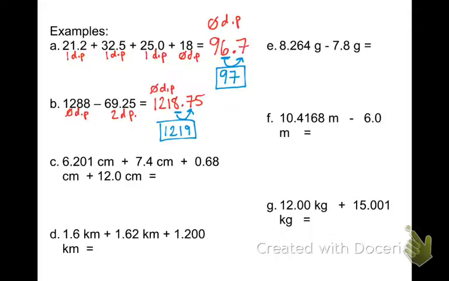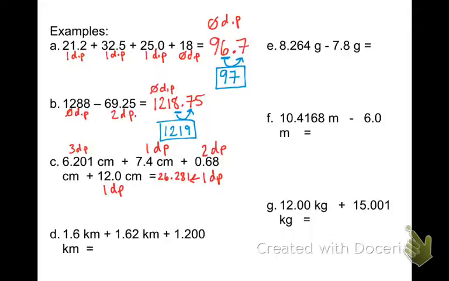Next one, we've got 3 decimal places. 7.4 has 1 decimal place. 0.68 has 2. And 12.0 has 1 decimal place. So our final answer must contain 1 decimal place. We calculate this out, and we find out that it is equal to 26.281.